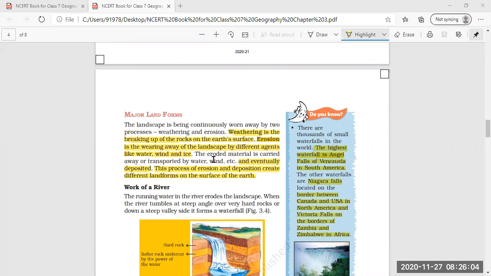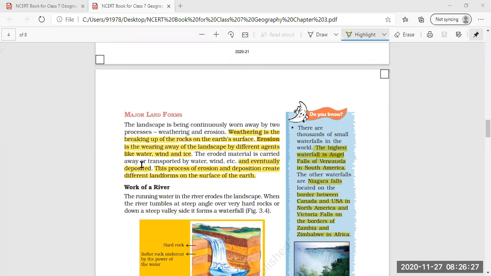In a landscape, all different types of landforms will be there, like mountains, lakes, plains, plateaus. So the carrying away of the landscape, that is either they are totally disappearing or they are becoming thinner or smaller by different agents of erosion.